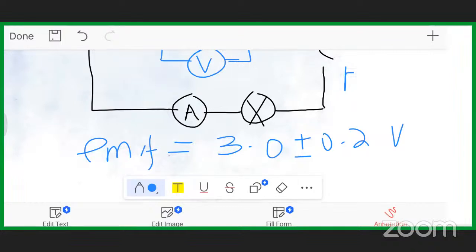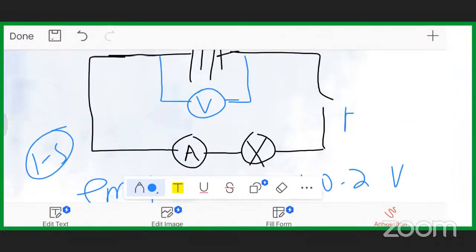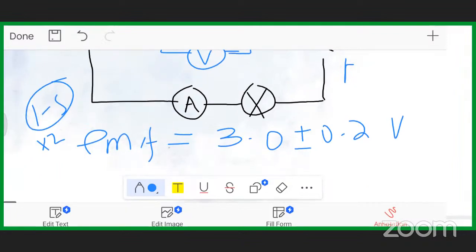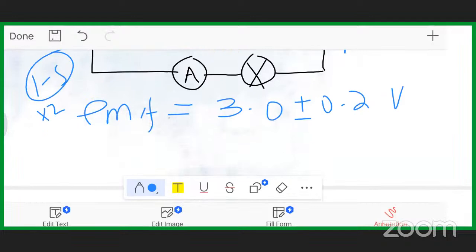Normally, under standard conditions, each cell has an EMF of 1.5, so they add up, because we normally have them in series in most experiments. If you multiply that by 2, they give you 3.0 volts. It can go to 3.1, 3.2, or even be less, 2.9, 2.8. All of them are correct.